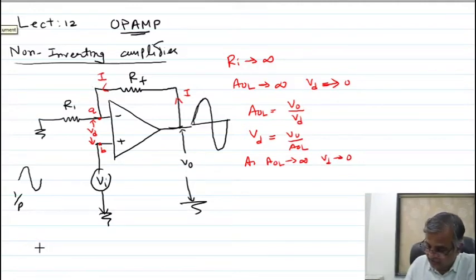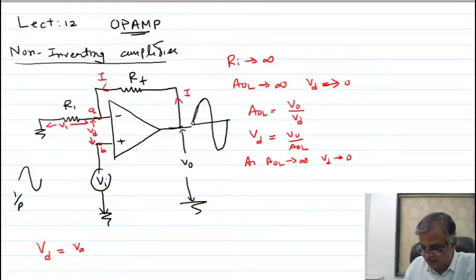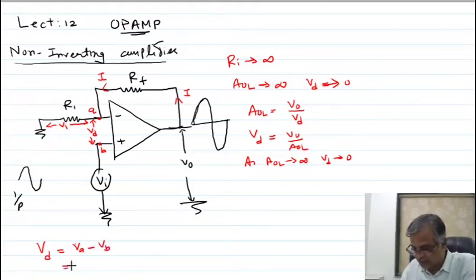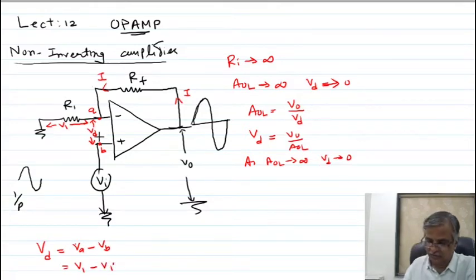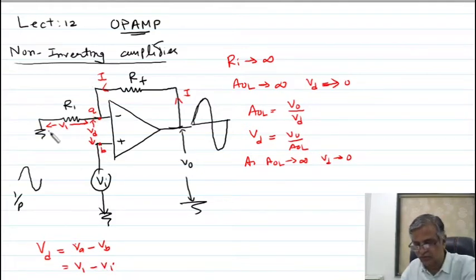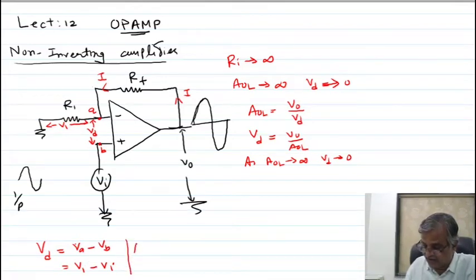So what is the Vd? Let me say this potential is V1. Vd is VA minus VB. VA is V1, VB is nothing but Vi. The potential at this point with respect to ground is V1, as I have written.